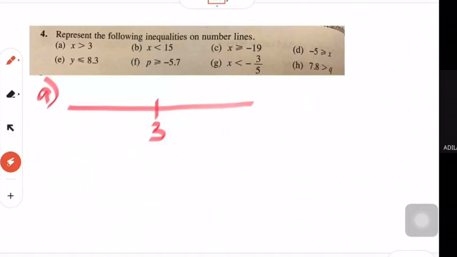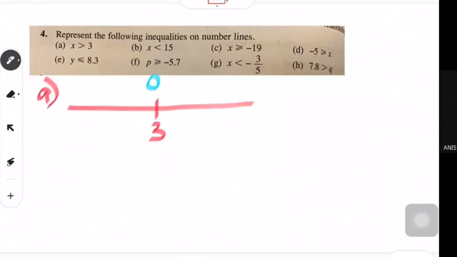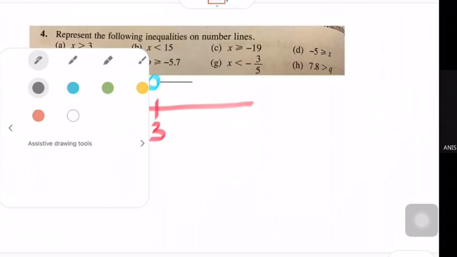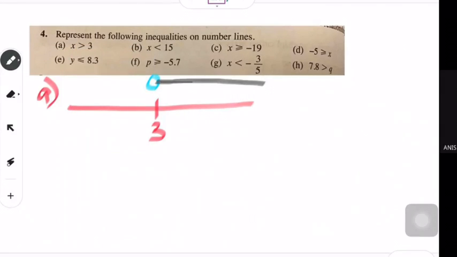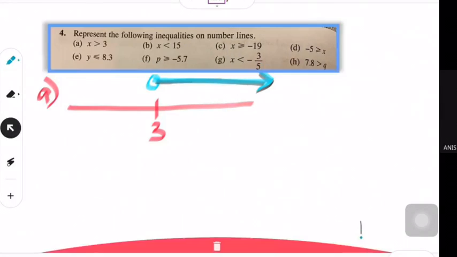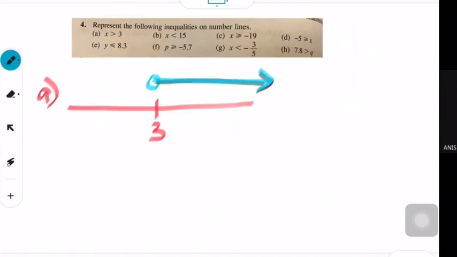So we do like this. Kita buat bulat dan kita buat garis tu. Okay, yang bulat tu, perhatikan, observe. This circle is an empty circle. Dia buat bulat je.